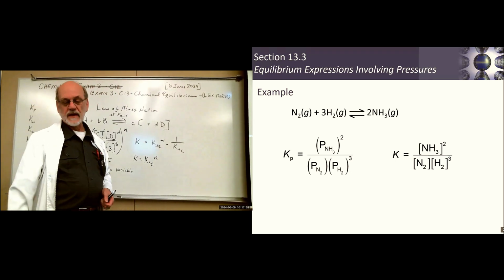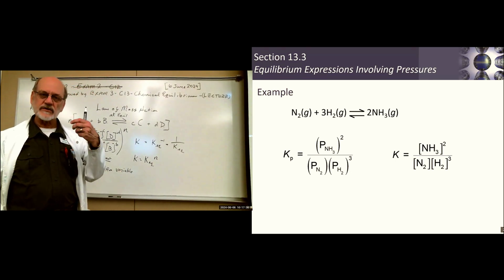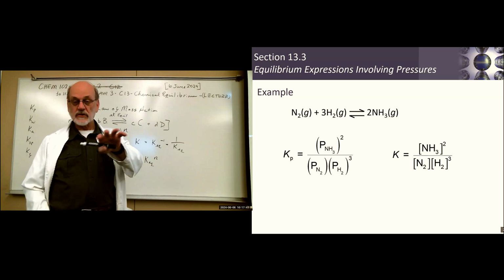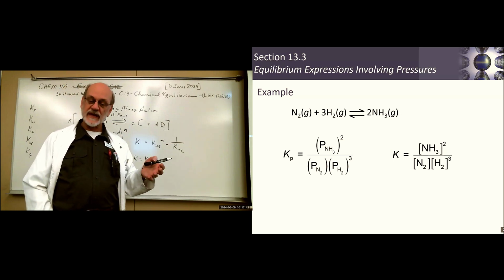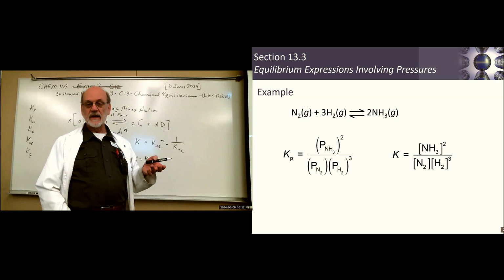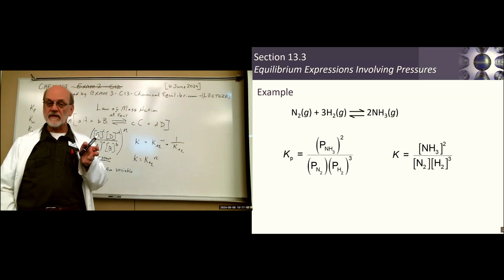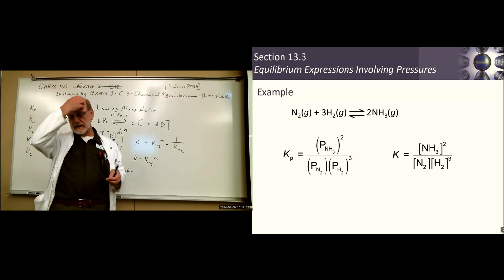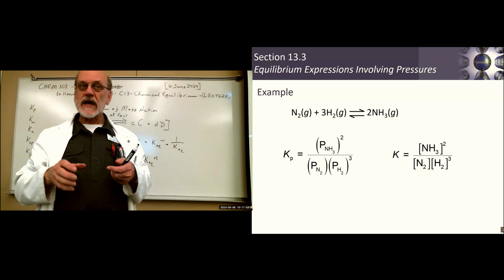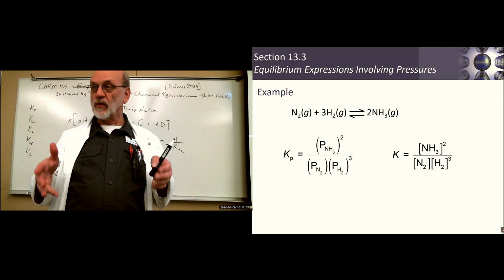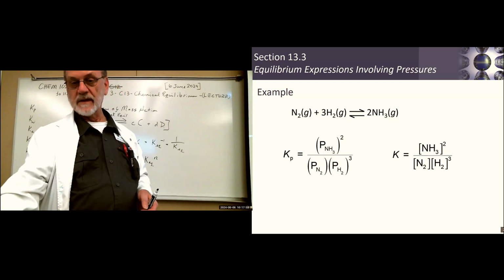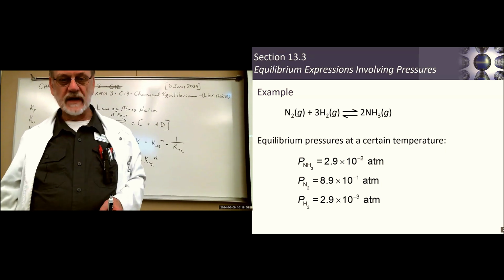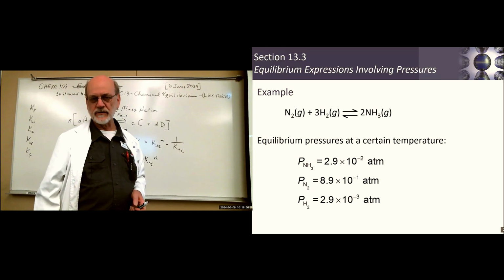All right. So this would be the Haber-Bosch process in terms of two ways. Either the KP, where we have partial pressures, or the KEQ, where we have expressions of molarity. Either one of those calculations is valid, but they don't produce the same K. But those Ks are related, and that'll come in a slide or two.